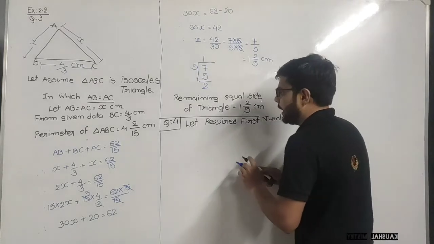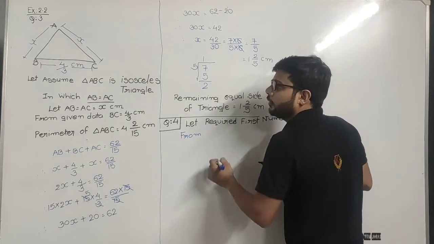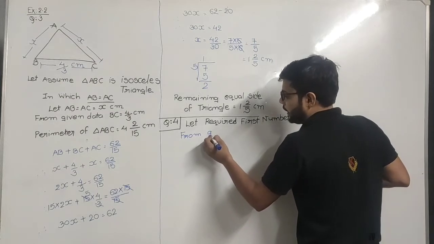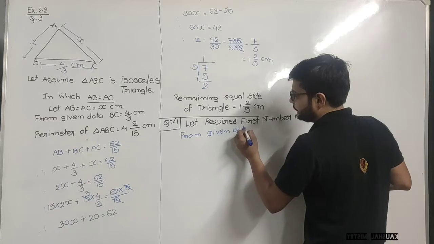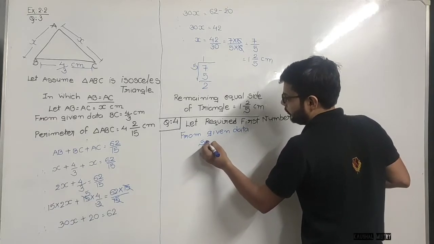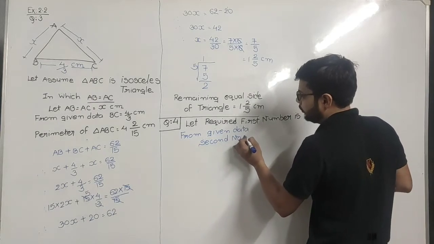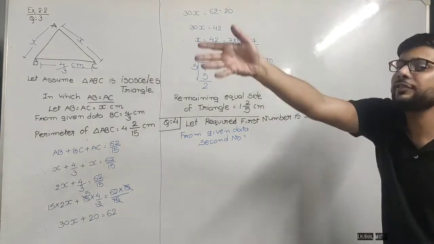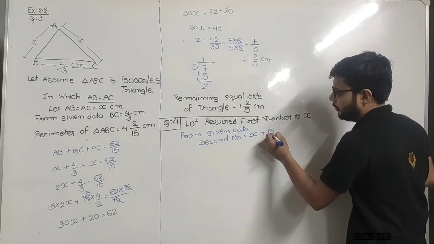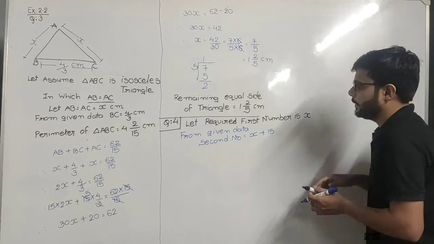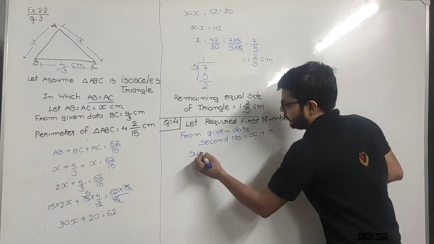Now from the given data that one number exceeds the other by 15, we can definitely write that the second number will be equal to x plus 15.